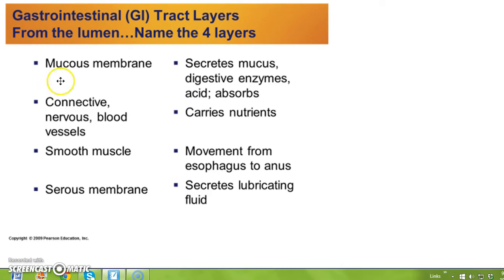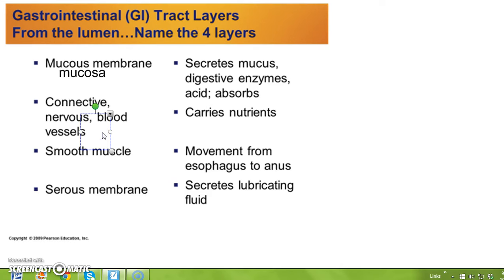So to begin with, depending on where you are in the digestive tract, or the GI tract, gastrointestinal, you can find up to 4 layers of tissue. The innermost is the mucosa.